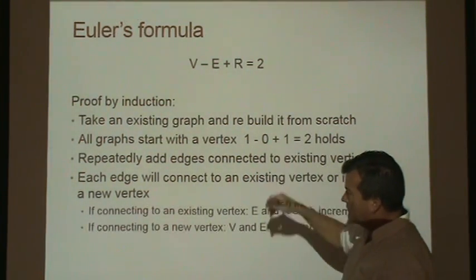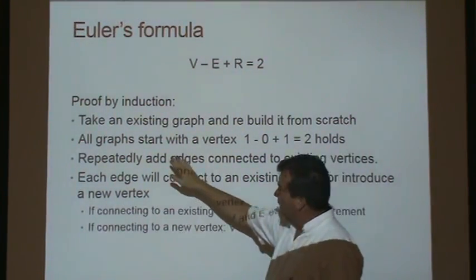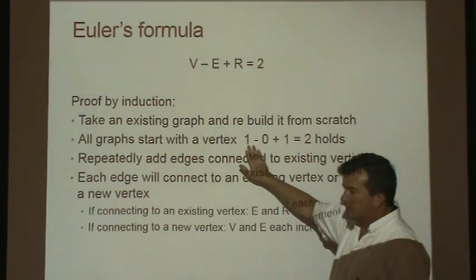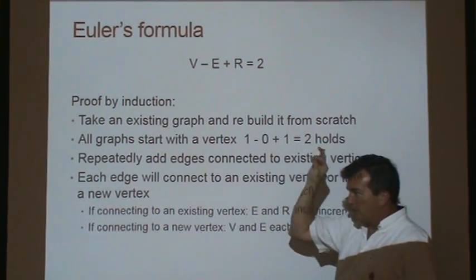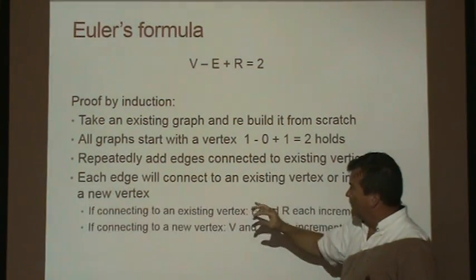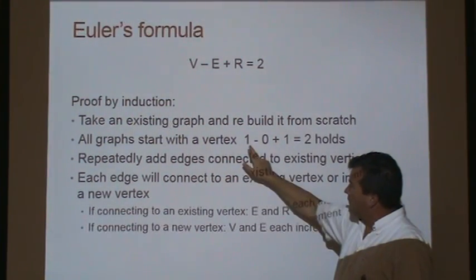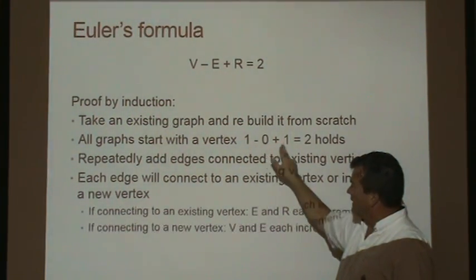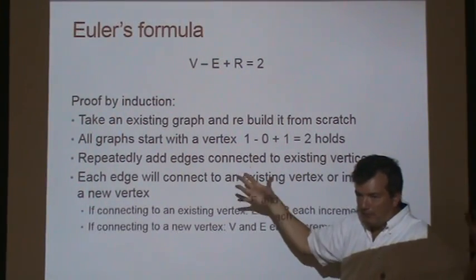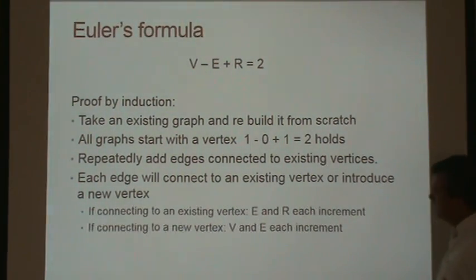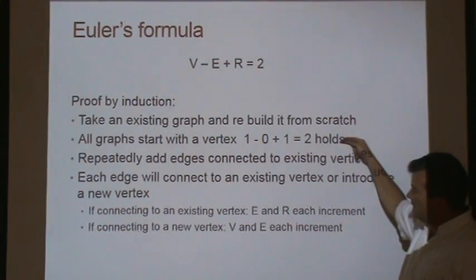So all graphs start off with, let's say, one vertex. So suppose we picked out one vertex and added it to the graph. So we have one vertex minus the number of edges, which is 0, plus one region. So a dot in the middle of the paper is just one big region. So the first case holds.